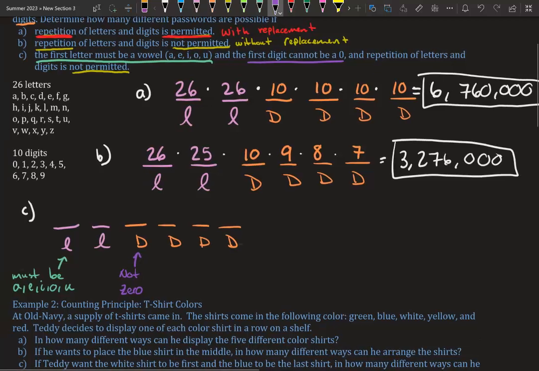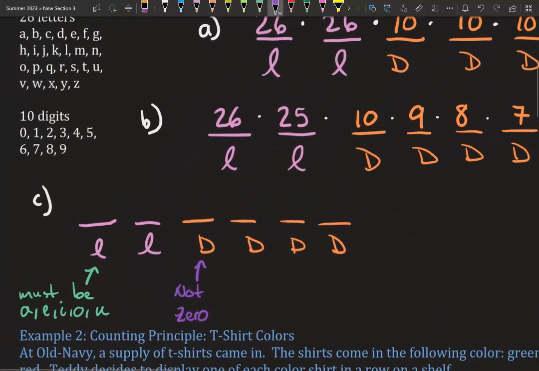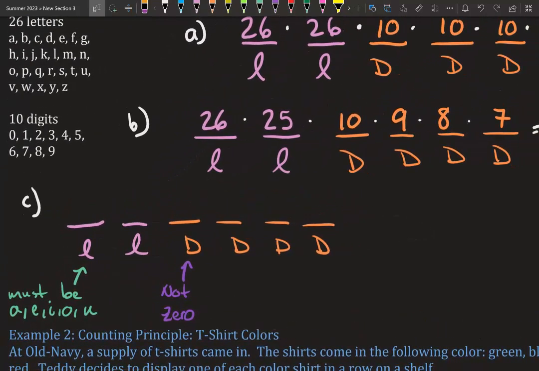All right, so let's look at our password. Our first one, it just wants to be A-E-I-O-U. So you can only pick 5 here, because A-E-I-O-U are 5 letters to pick from. Let's say I chose the letter A. You see how I got rid of it in my alphabet?